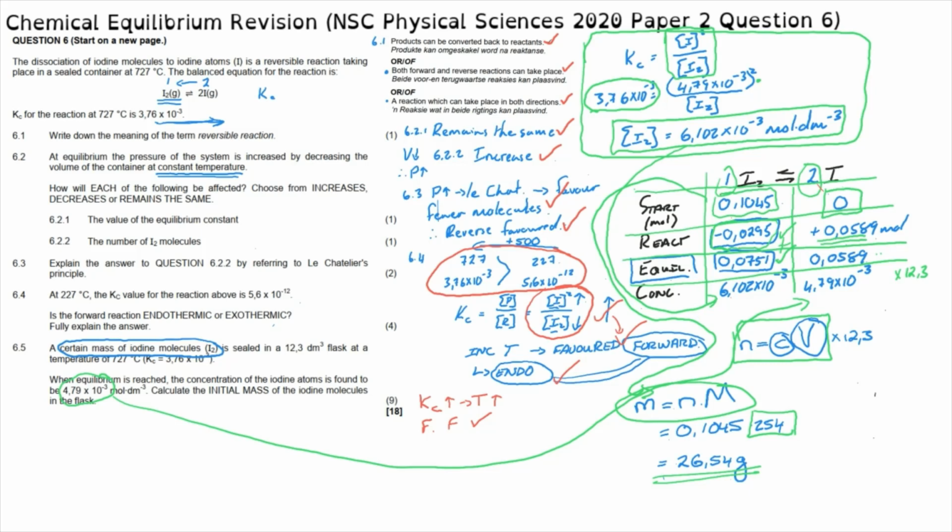Question 6.5, there were a number of options for how to solve this question. There was 1 mark given for correctly writing down the expression for Kc for this reaction and correctly substituting in the correct values in the correct places. What this then allowed us to do is use the volume of the substance along with the concentration to calculate the number of moles of each of these at equilibrium.